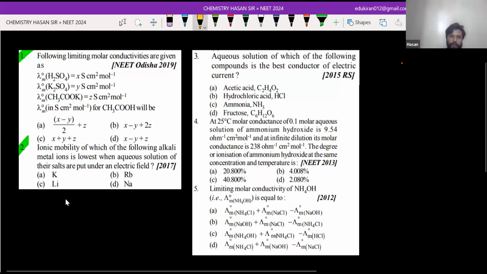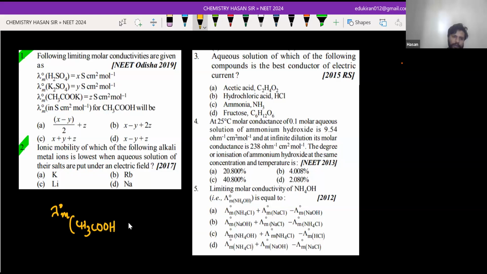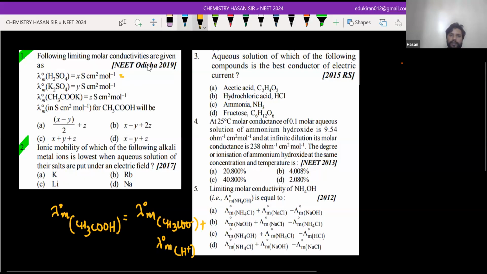Basically, how you are going to do it: lambda naught m for CH3COOH will be equal to, according to Kohlrausch's law, lambda naught m of CH3COO negative plus lambda naught m of H positive. And you break this into ions in the same way that we did for this.